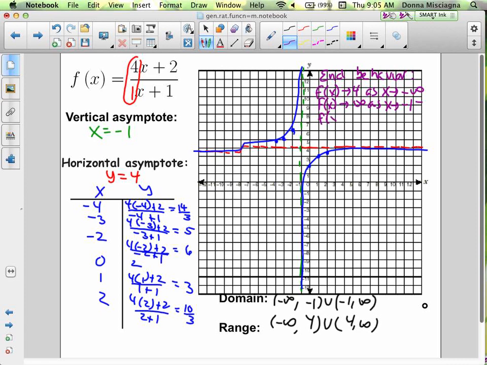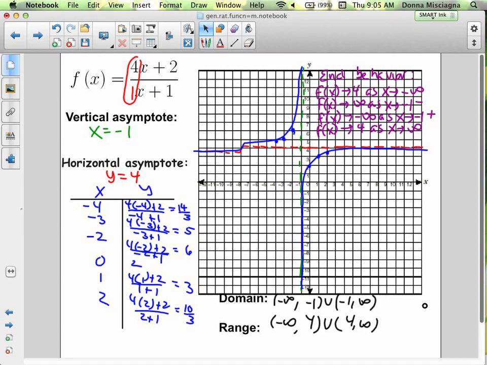Keep forgetting to put that in there. And then the function approaches negative infinity as it approaches that vertical asymptote from the positive side. And then as it goes to infinity, it's going to approach the horizontal asymptote. All right? And there we go. That one's done.